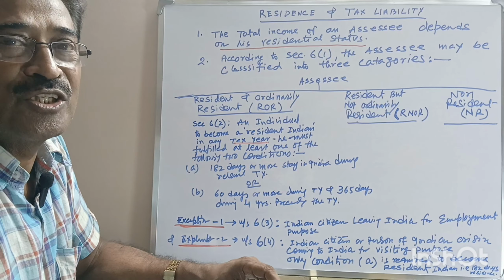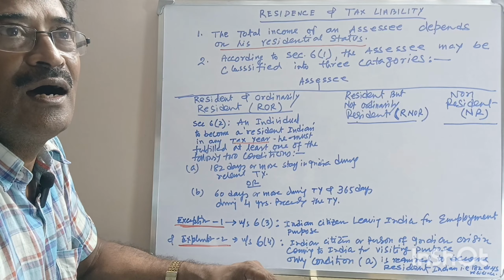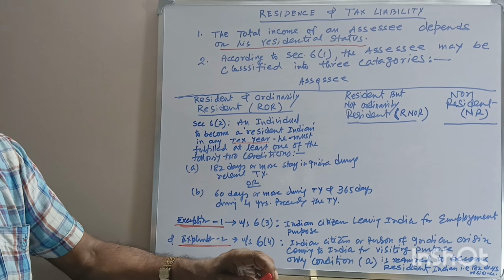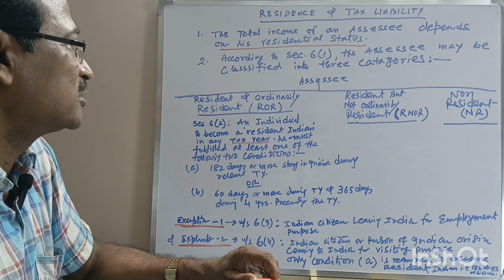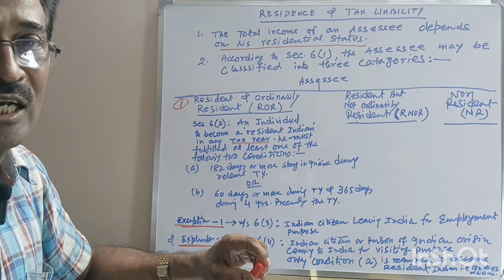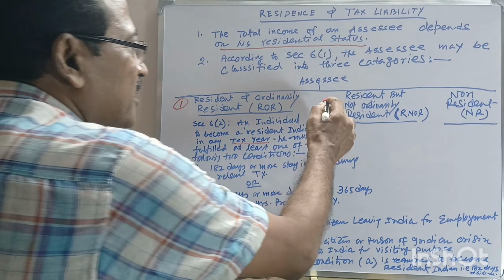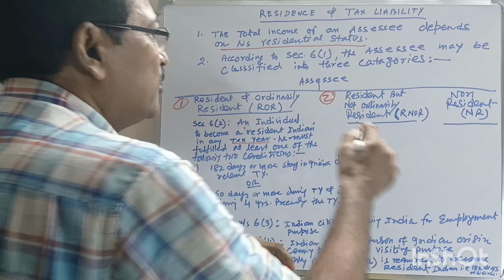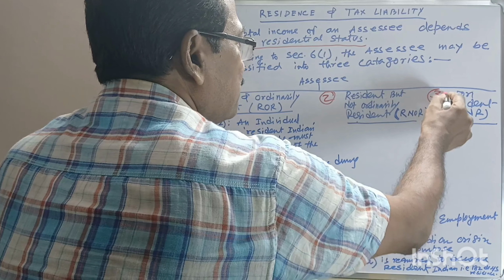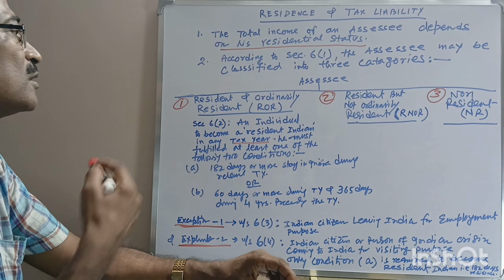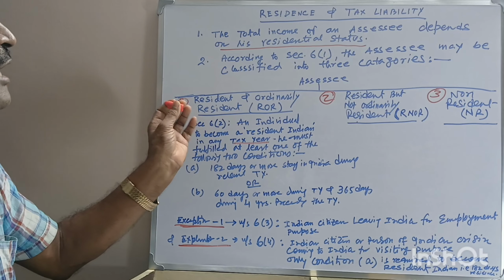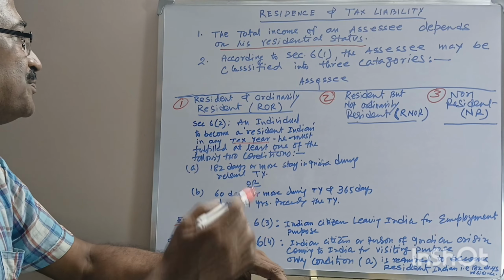As per section 6(1) of the New Income Tax Act 2025, the assessee may be classified into three categories. First one is resident and ordinarily resident. Second is resident but not ordinarily resident, and third one is non-resident. Now let us discuss one by one.